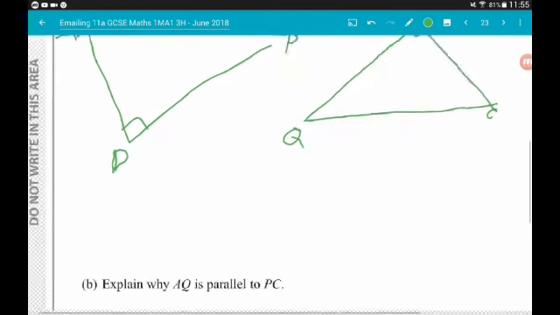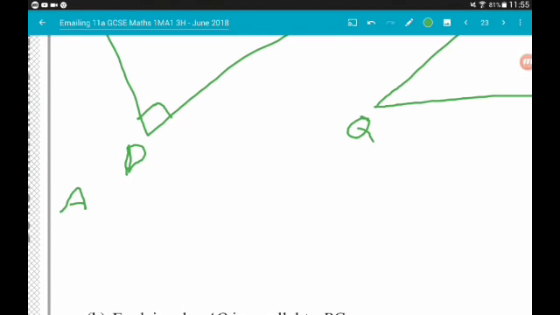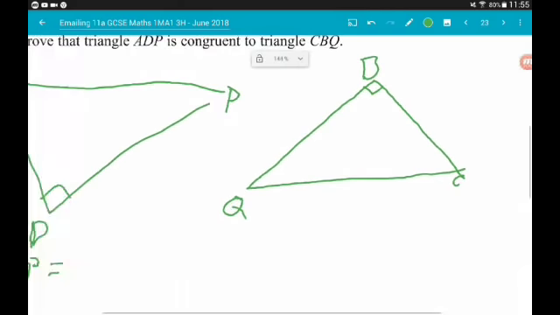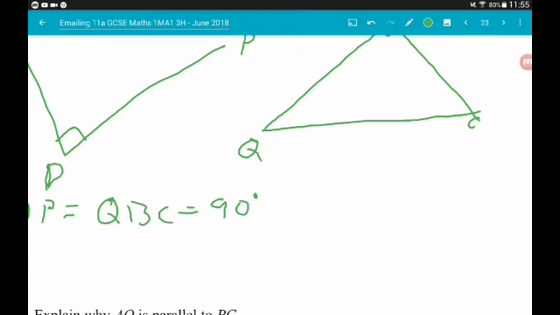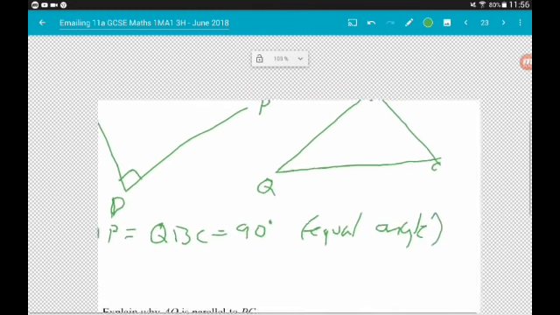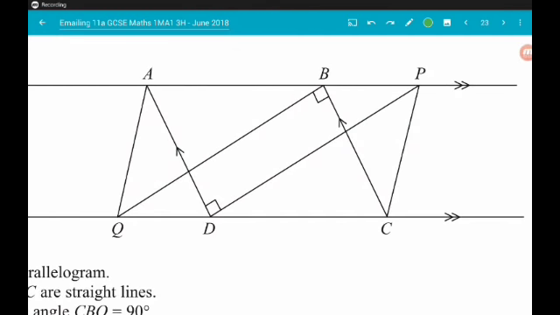So we could say angle ADP is equal to angle QBC, which is equal to 90 degrees. So that's an equal angle. Okay, what else can we say? We could say, well, AD is equal to BC in length.